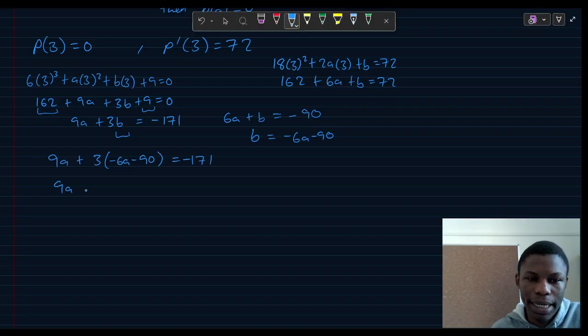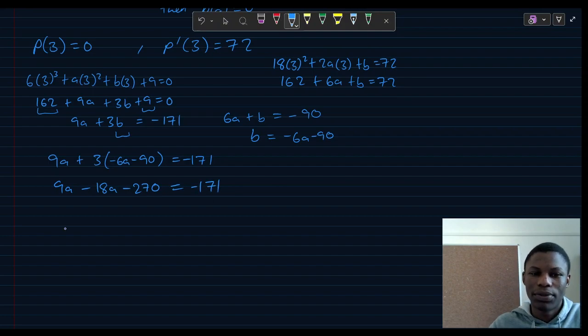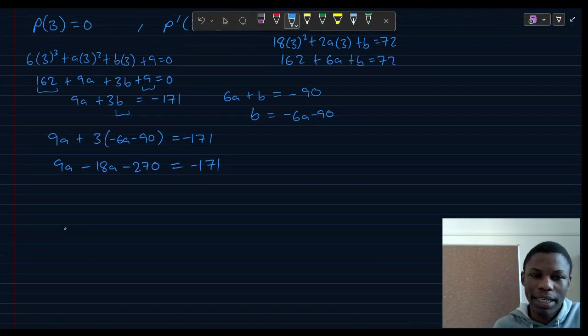And so 9a, you've got 3 times negative 6a, which is negative 18a. 3 times negative 90 is negative 270. And this is equal to negative 171. 9a minus 18a gives us negative 9a, and minus 270 equals minus 171.